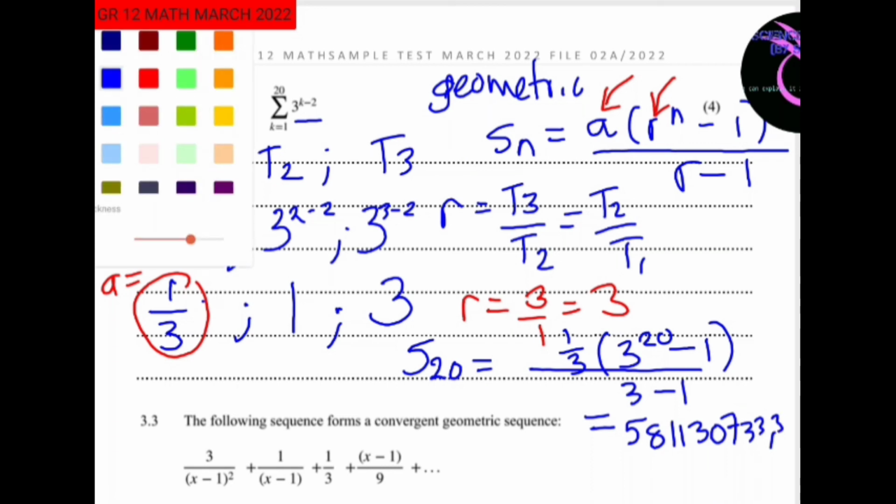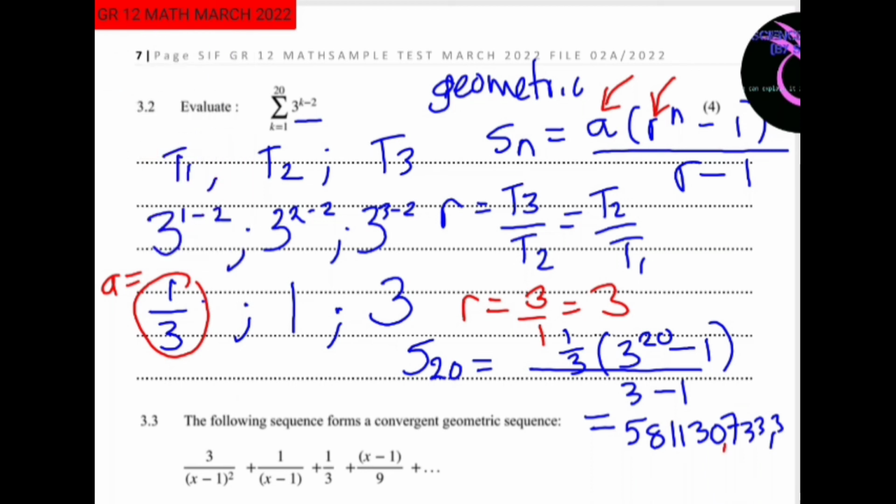I wonder if I could read this number out. Listen carefully. If I divide by 3 there, I count three digits and put a comma, three and put a comma.